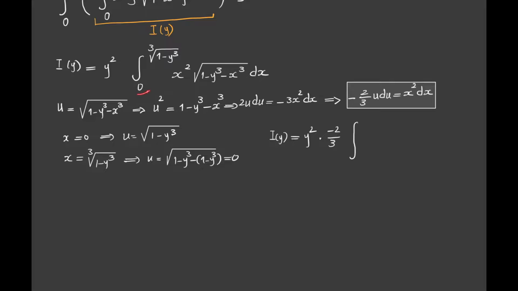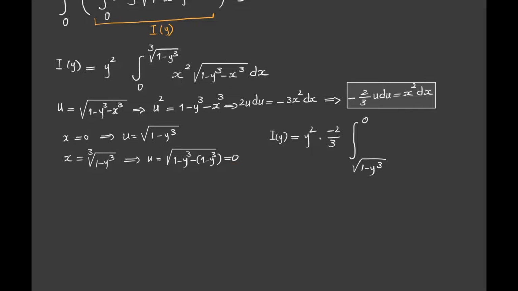The lower limit is 0 here, but now the new lower limit is the square root of 1 minus y cubed. The upper limit here, x is this expression, it gave rise to 0. So the upper limit here is 0.